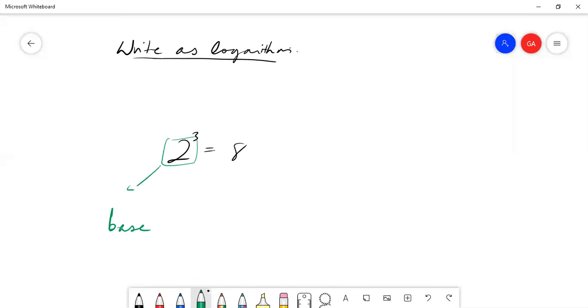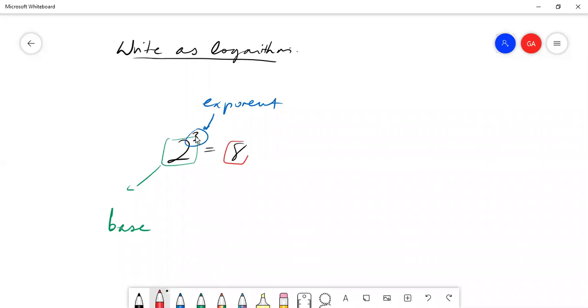What is the exponent here? Someone else. Isaac. 3. Great. Okay, I'm calling on people, but I appreciate anyone participating. This is the exponent. And now what is the right-hand side? Well, that's obvious. It's the only thing that's left.